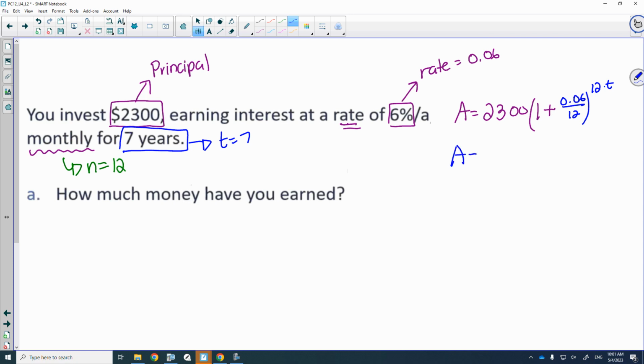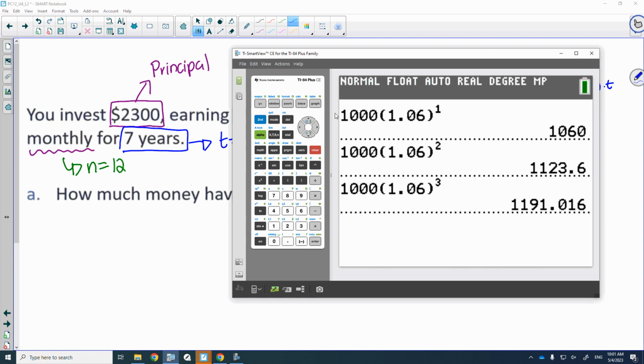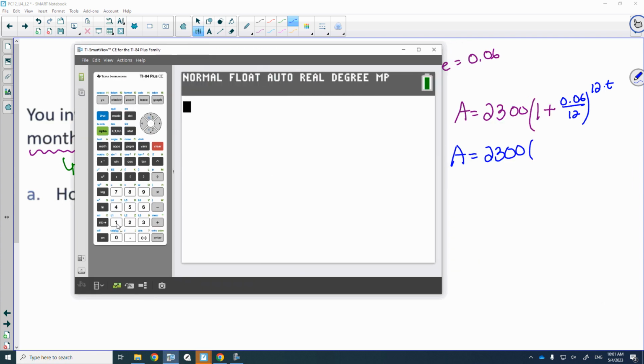So A is equal to 2,300, and we've got to figure out what this B value is. So the B value is going to be 1 plus 0.06 divided by 12.